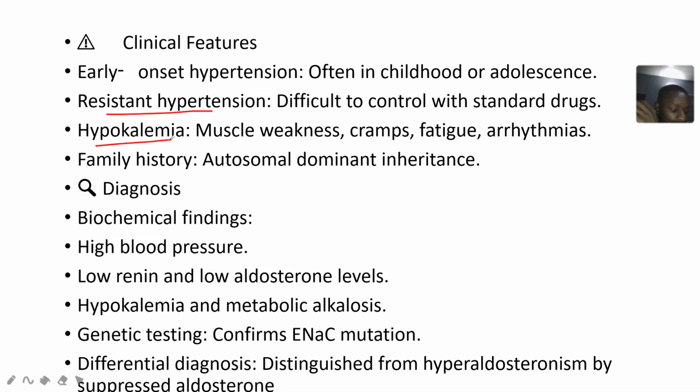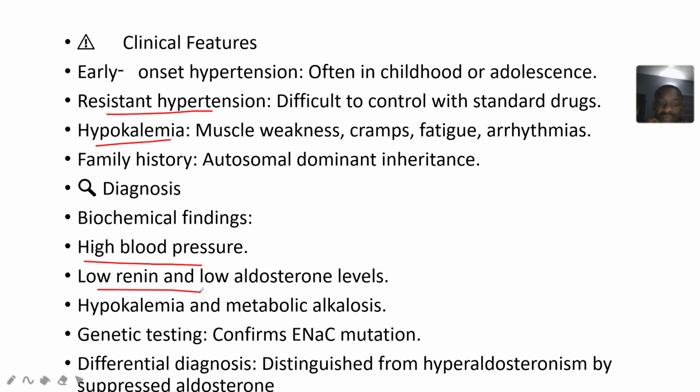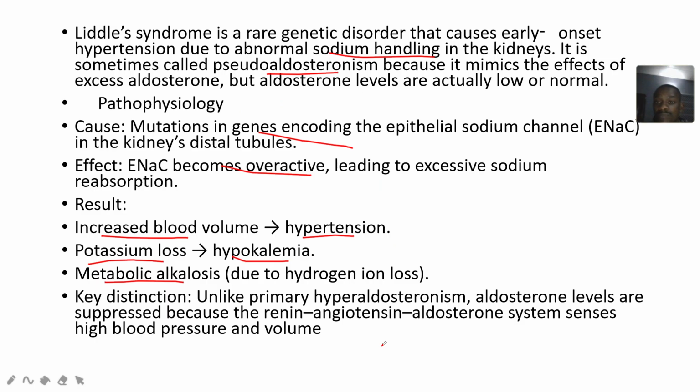Then if you take a family history, you see that there's a family history of inheritance. For diagnosis, you measure the blood pressure and you see that renin levels are low, aldosterone levels are low, with hypokalemia and metabolic alkalosis. Then genetic testing checks for mutation in the epithelial sodium channels, ENaC.